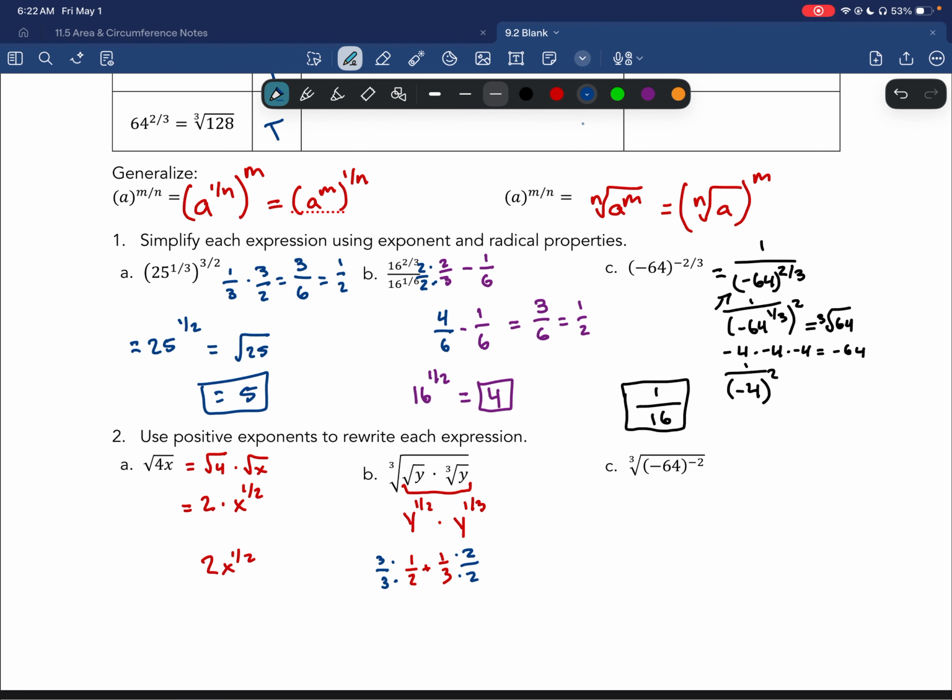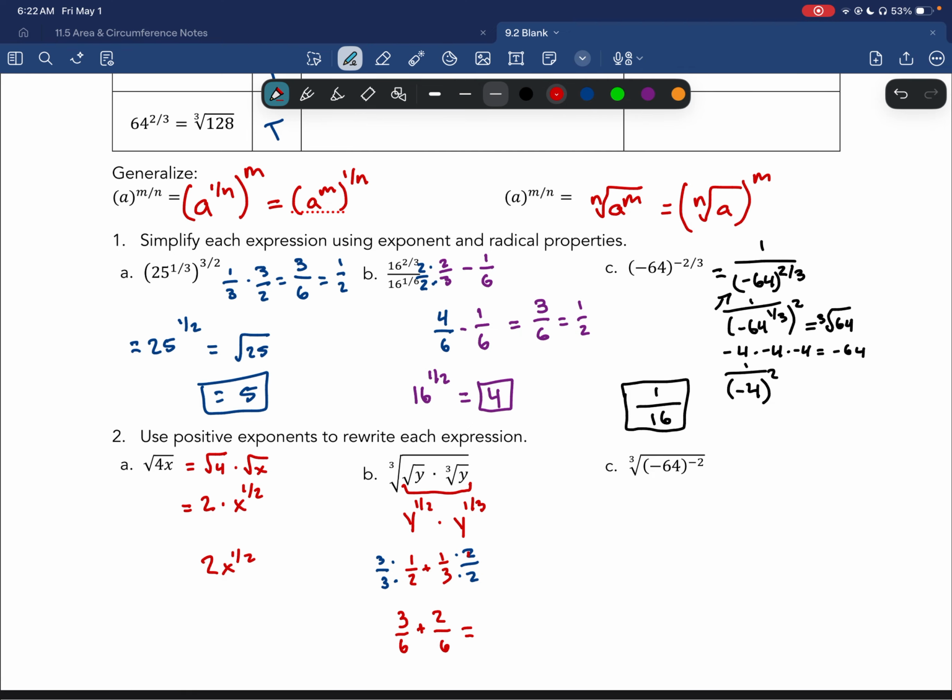So I'm going to do that. We got 3 times 1, which is 3, and then we got 3 times 2, which is 6. And then we've got 1 times 2, which is 2, and we've got 3 times 2, which is 6.